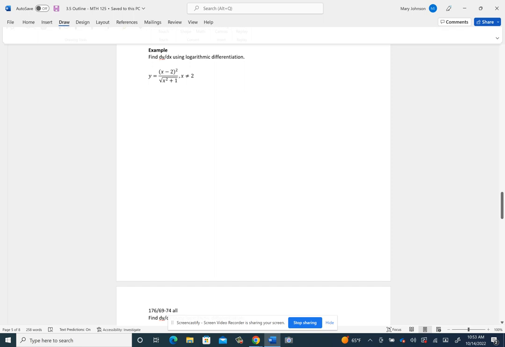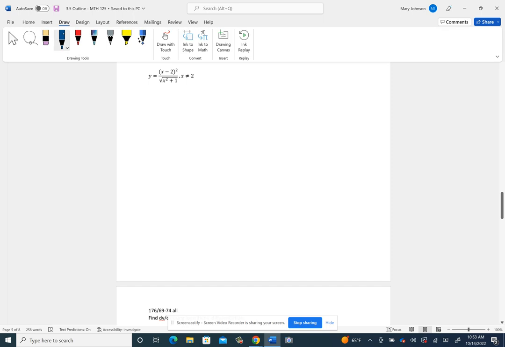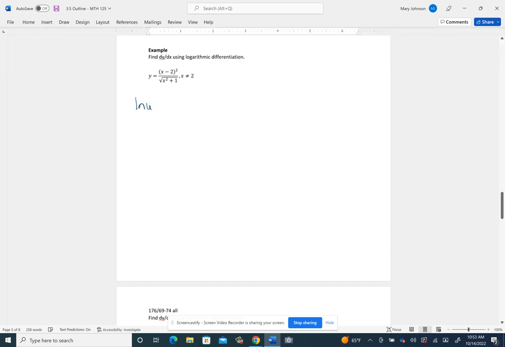I'm going to come in and I'm going to do the natural log of both sides first. Okay. And then let me also rewrite that denominator as that raised to the 1/2 power. Okay. All right.